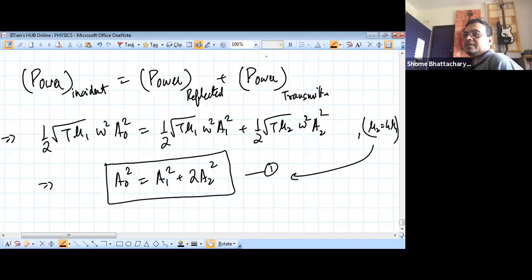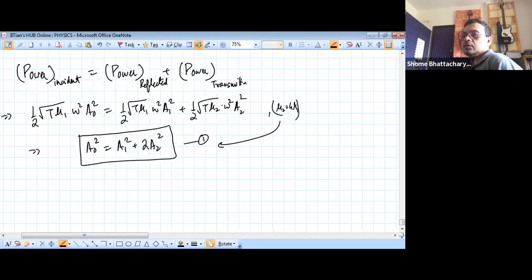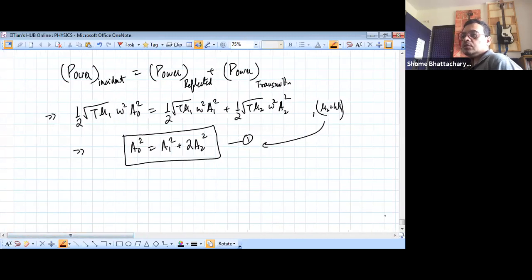Now remember, we have to generate a second equation because both the amplitudes A1 and A2 are unknown. The second equation comes from a very interesting logic.